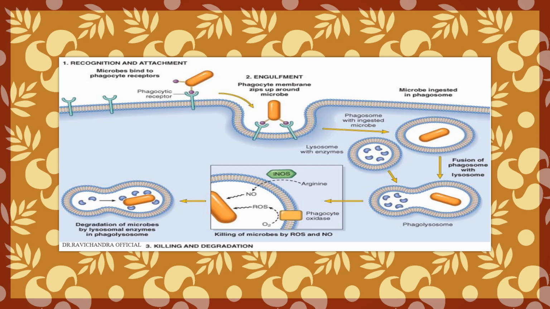So first one is recognition and attachment. Microbes will bind to the phagocyte receptors. Then the phagocyte membrane zips up around the microbe. Engulfment will happen. Thereby the phagosome with the ingested microbe will be combining with the lysosome with enzymes, resulting in fusion of the phagosome with the lysosome, resulting in phagolysosome.